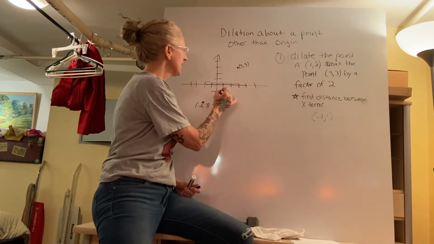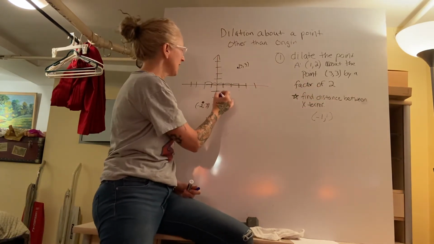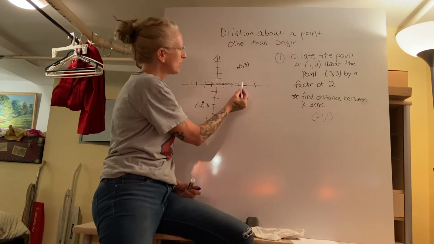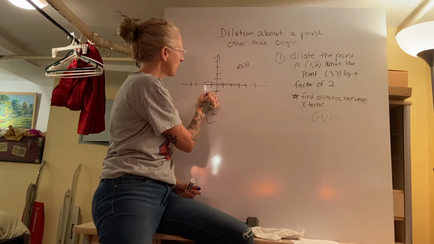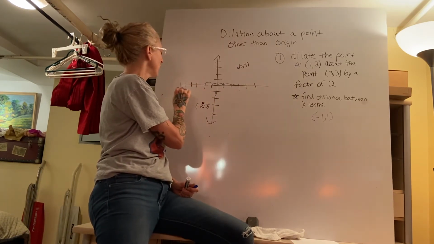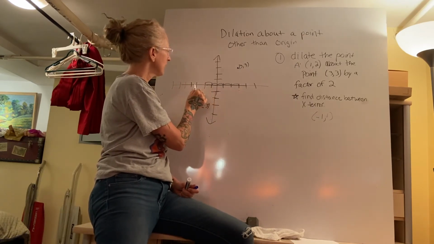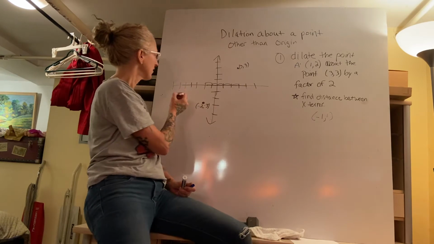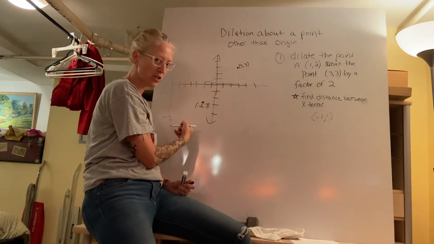So this is a distance of 5. 5 times a factor of 2 is going to be 10. That means I have to go 10 spaces. Instead of 5, I have to go 5 more: 1, 2, 3, 4, 5. So now I'm at -2, 3, 4, 5, 6, 7. My new x term is -7.